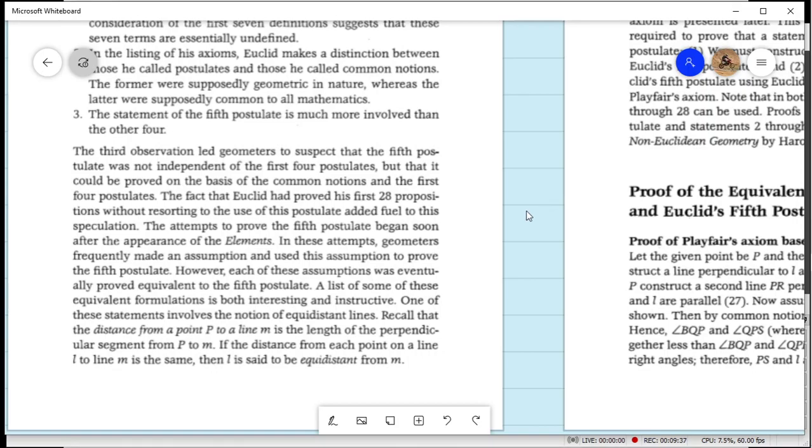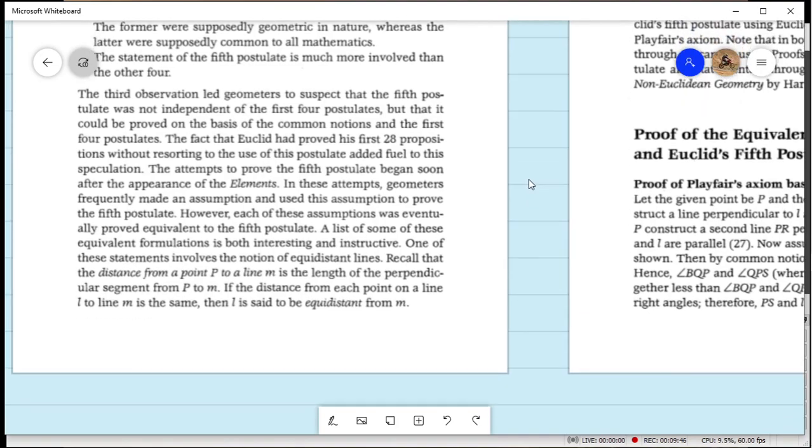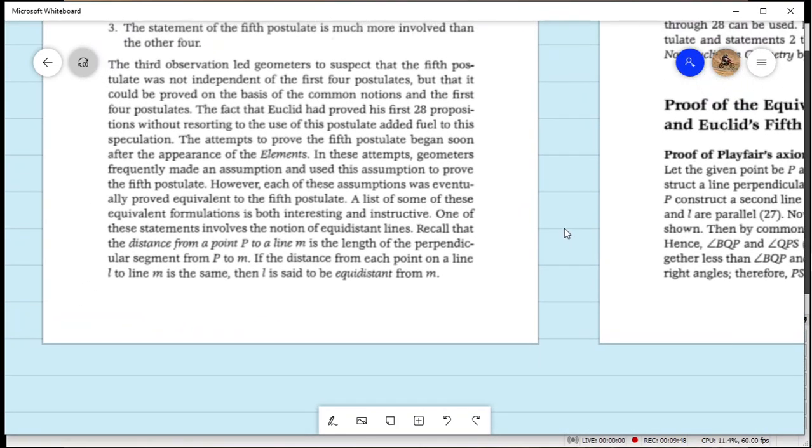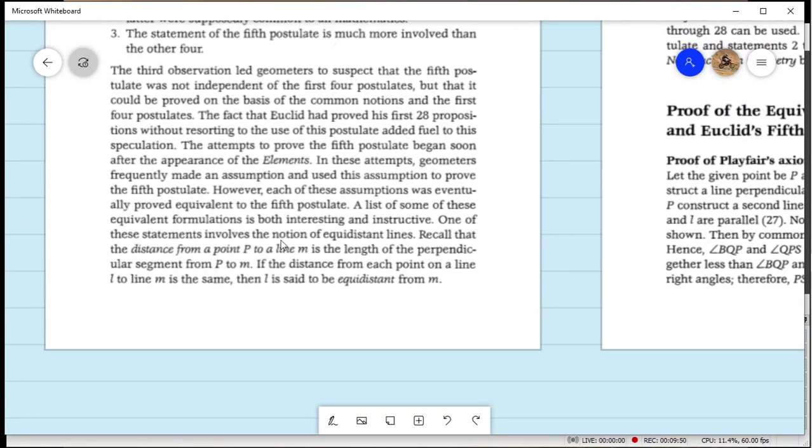Okay, they thought that the 5th postulate can be proven using the first 4 postulates. So they tried to prove the 5th postulate using the first 4 postulates. But these attempts needed assumptions other than the four postulates.